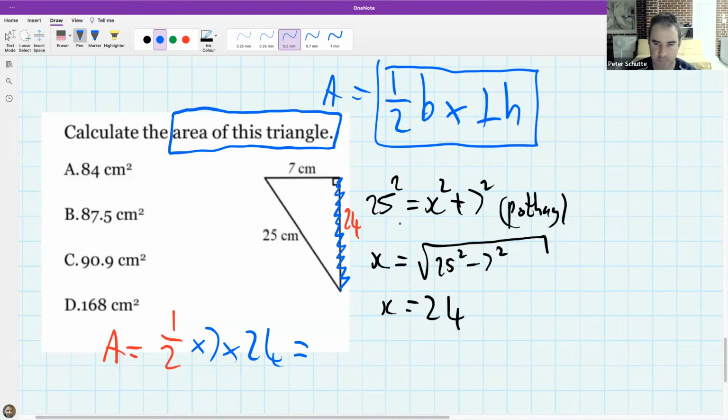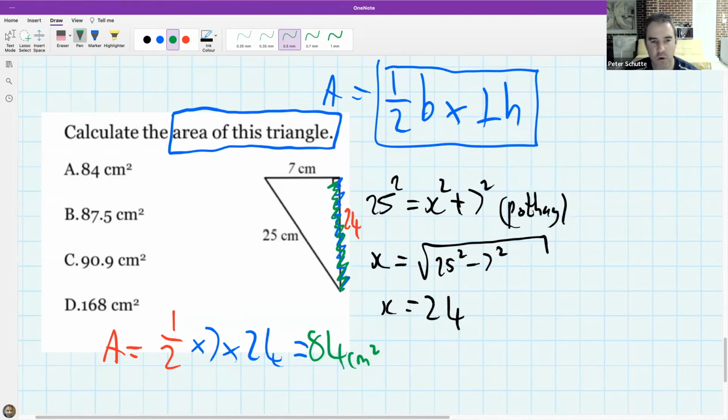So think about that for a moment. And you should get 0.5 times 7 times 24. And you get 84. So take a moment, guys, to look at that question. It's A, according to me. So 84 centimeters squared.